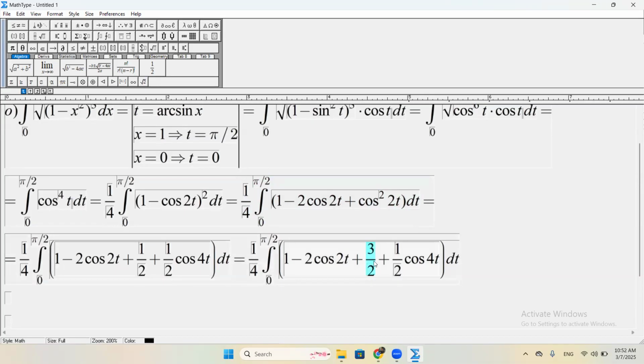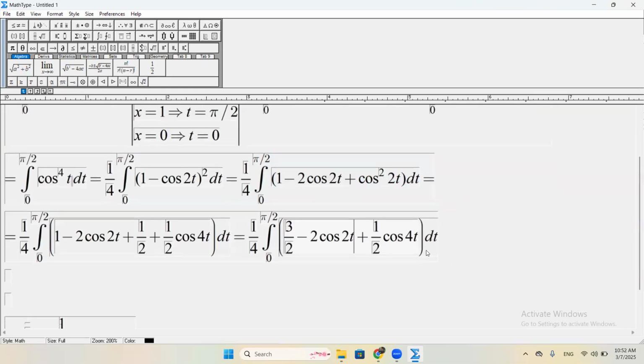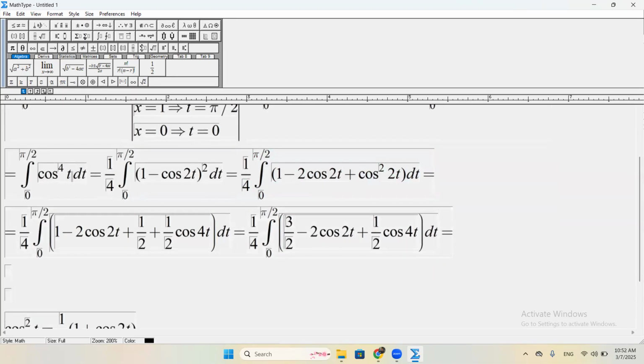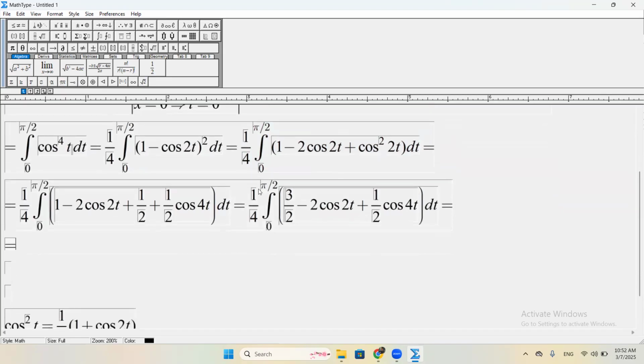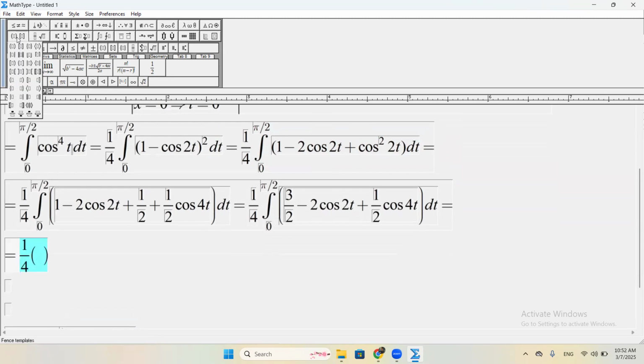And let's move it to the beginning. So we just added 1 and 1/2. And now let's integrate. So 1/4 multiplied by, okay, yeah, right, substitution.